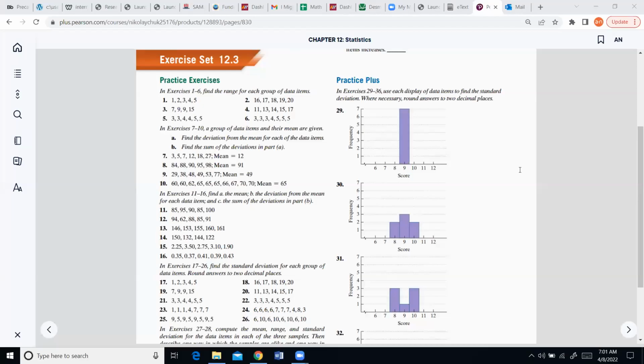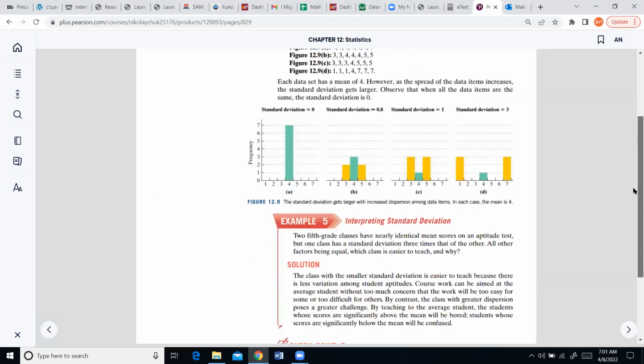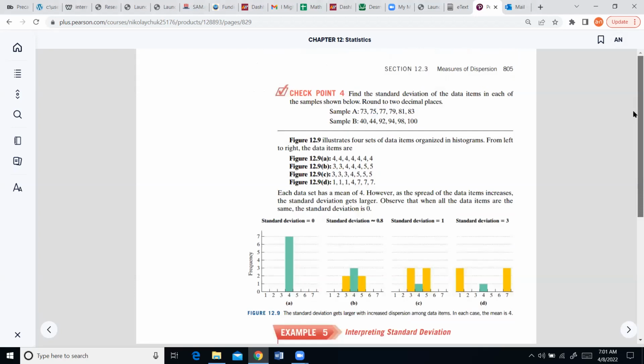And refresh. So what we were dealing with in section 12.3, the section that may seem to be very lengthy and tedious, but on the other hand, I will try to make it nice and pleasant. The section is dealing with so-called standard deviation.